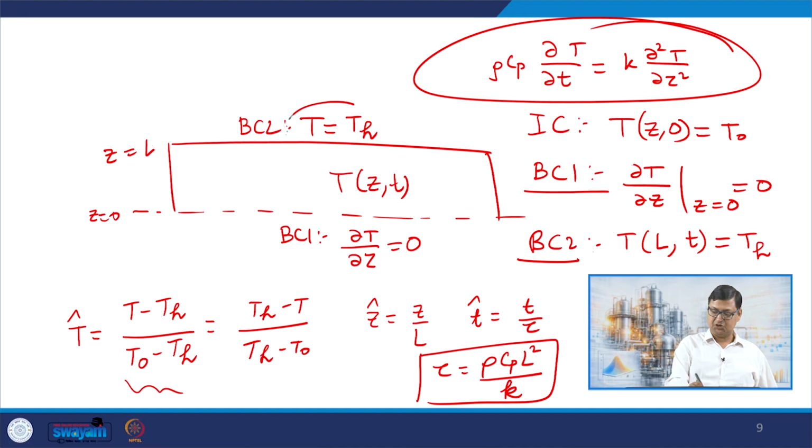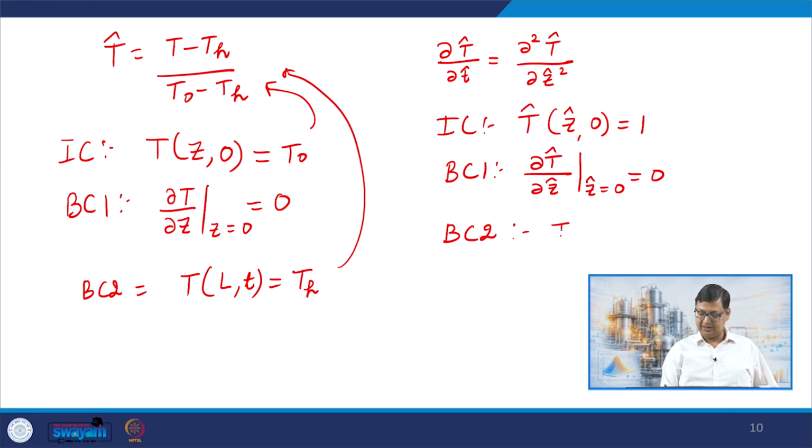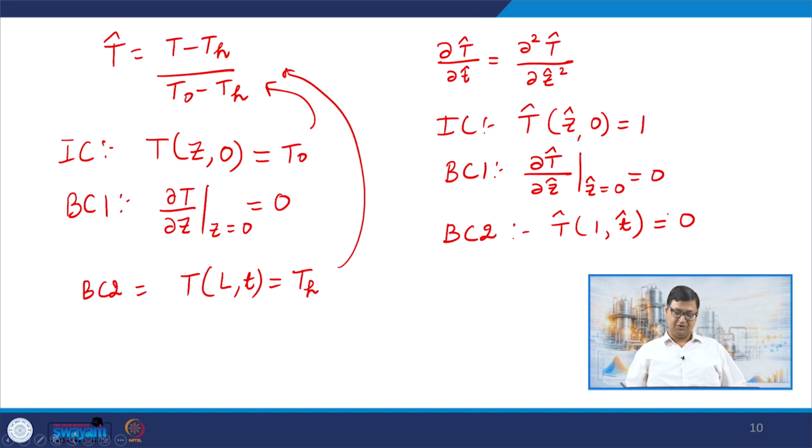That's what we have assumed here. If I plug it into this equation, this gives me T cap at z cap equal to 1 is equal to 0. So pretty much the T cap already is 0 at the top surface.